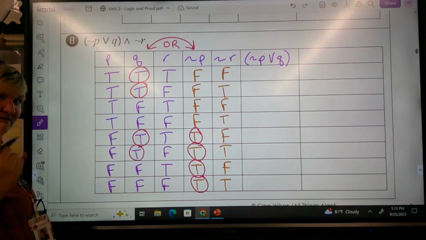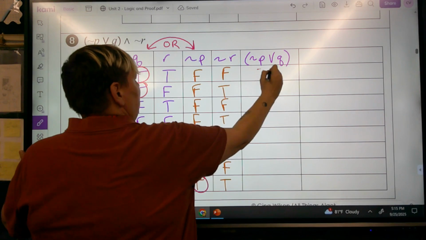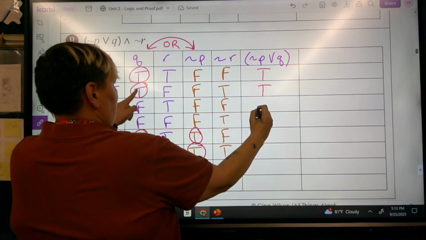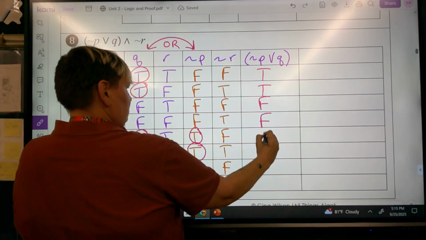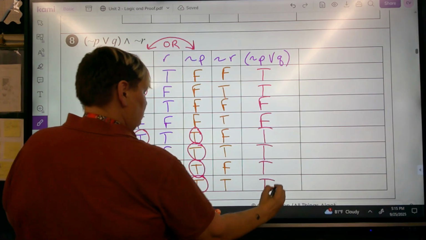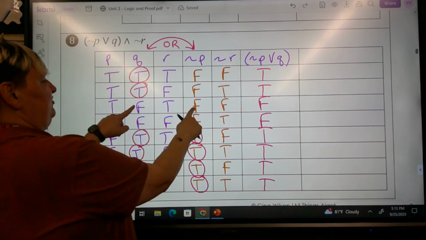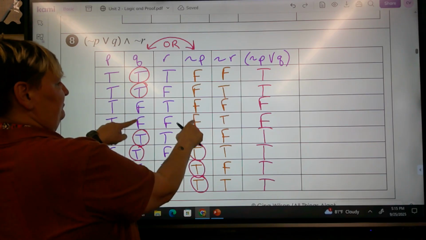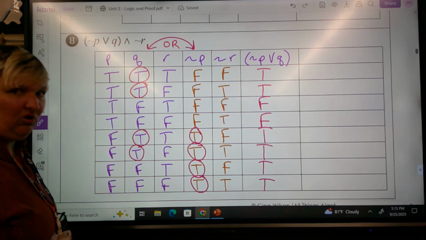At least one of them has to be true to be true. So, true, true, false, false, true, true, true, true. These are the only 2 that didn't have a true. So they're the only 2 that ended up being false because we're dealing with an or.